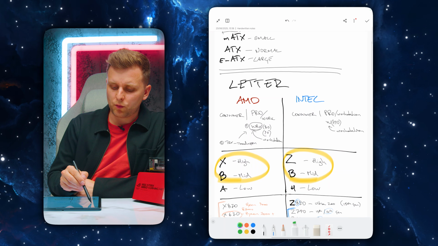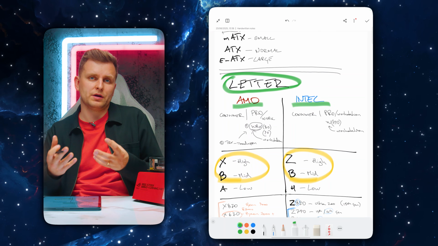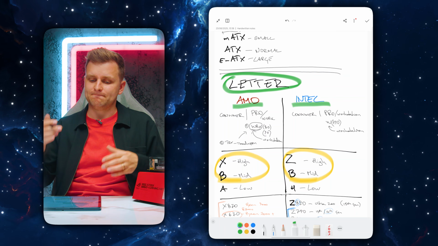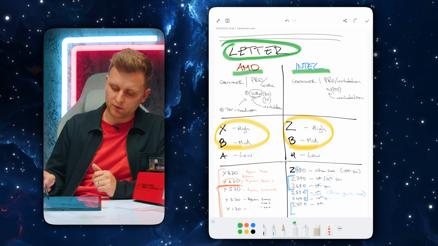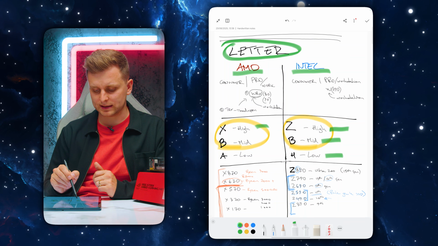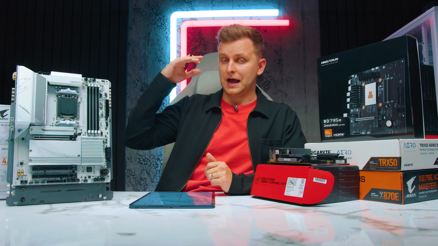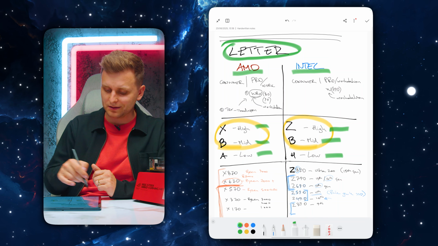You need to know whether you are on Intel or AMD, because knowing which CPU you will have, that will tell you which platform you're going to be on. Next off, once you've figured the platform, you want to figure out whether you are on high, mid, or low tier. Either AMD or Intel, this is exactly the same. Okay, I want to be with the high tier, I want to go with the Z or X. I want to be mid tier, B, or low tier.